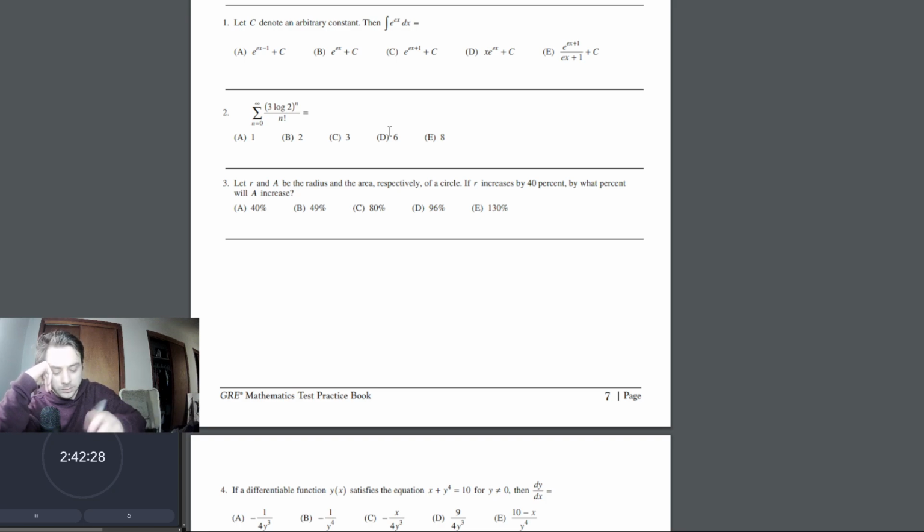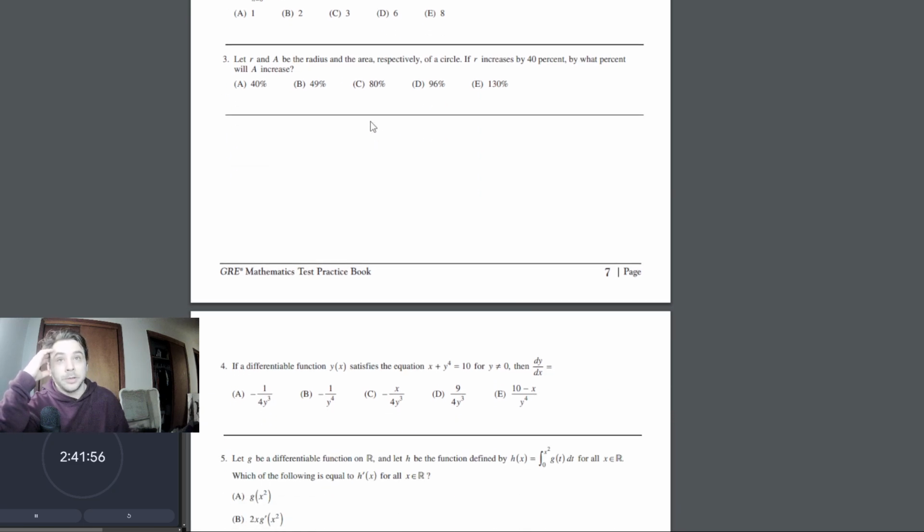Go D. Closest, I mean, it has a number that matches the one I got.